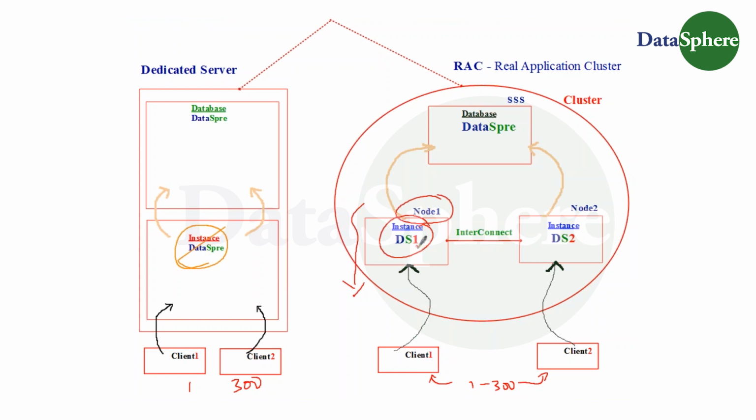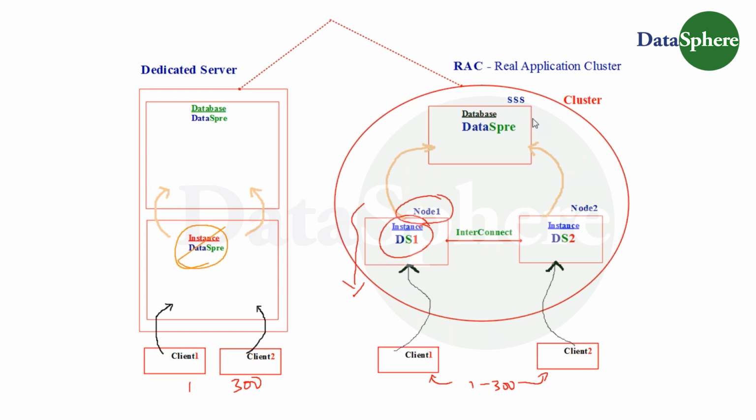So 150 users will connect to one instance, and the other 150 sessions connect to the database through another instance. So performance is also taken care of. You can consider RAC as generally called a high availability feature, but by default it is also a good high performance feature.